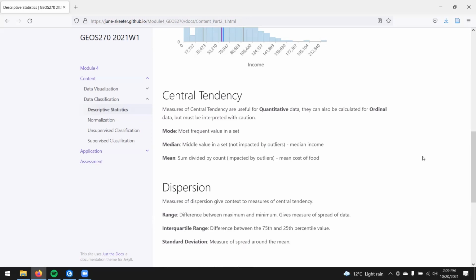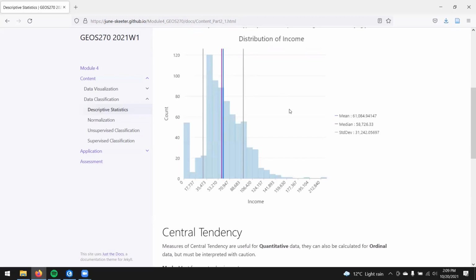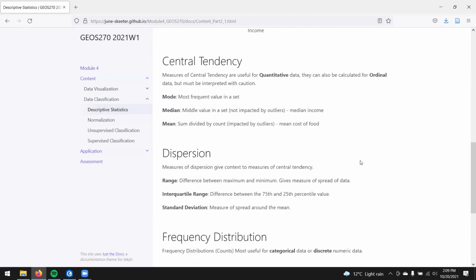Then we've got standard deviation. So you can see that up here on this histogram. Standard deviation is just a measure of spread around the mean. It's calculated by summing the difference between every single value and the mean, squaring those differences, then dividing it by the number of values and taking the square root.